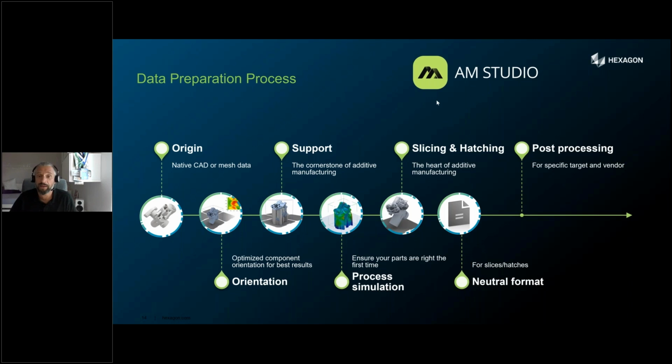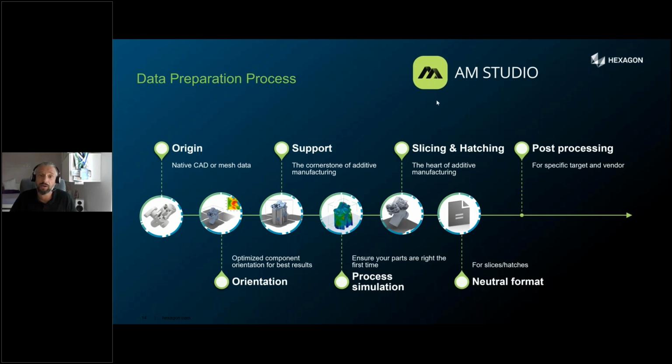To prevent that, we do the process simulation. In that step, after the support, you can really check if the support is stiff enough, or if the geometry will maybe have a distortion somewhere, and you can make a pre-deformation.